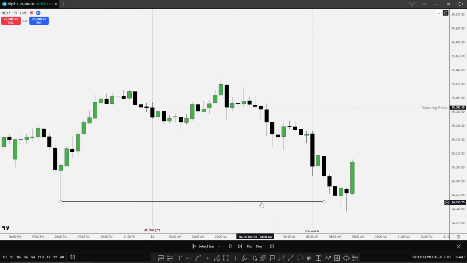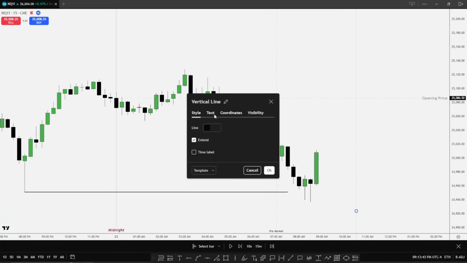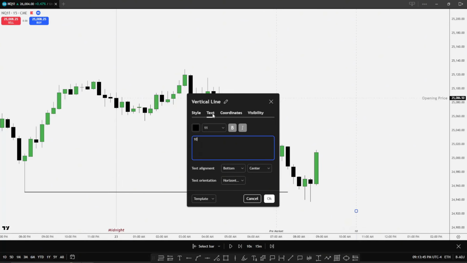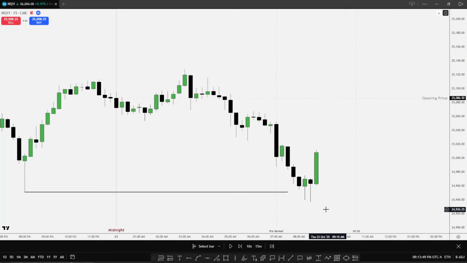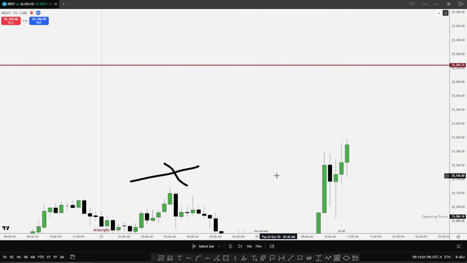We take out this liquidity pool here. The 10:30 mark is here. Taking out overnight high, headed to a previous objective.